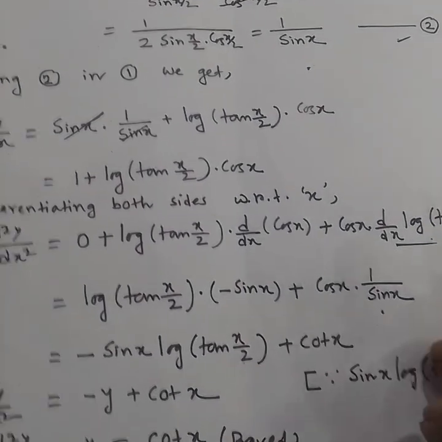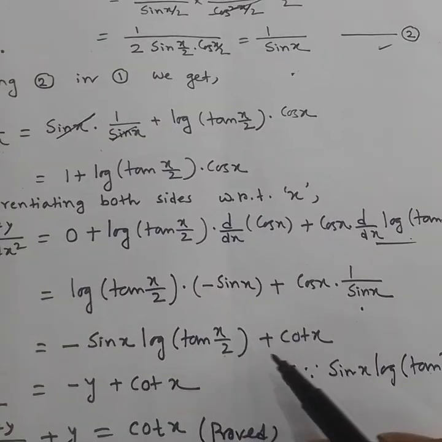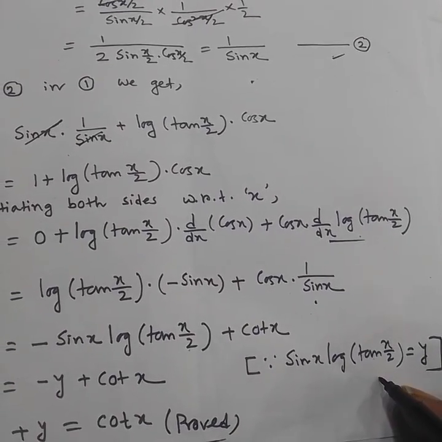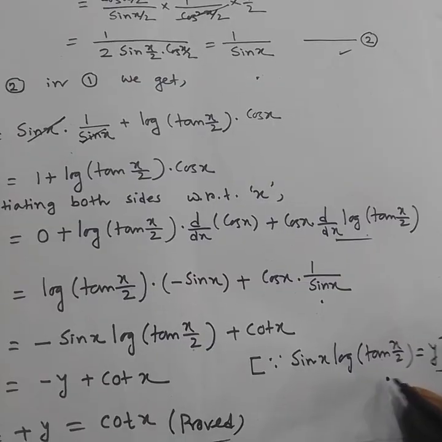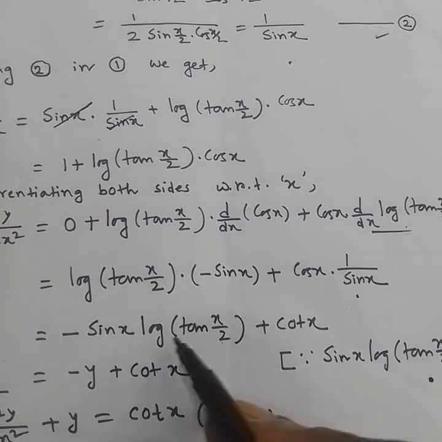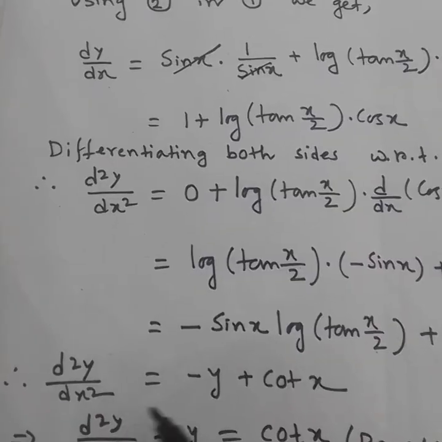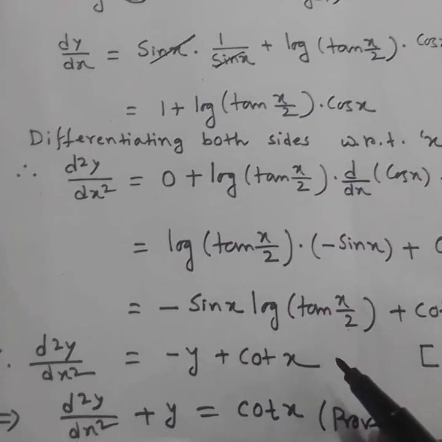Now it is clear that in the given problem sin x log tan x by 2 equals y. So putting this value as y, we get d2y by dx2 equals minus y plus cot x.